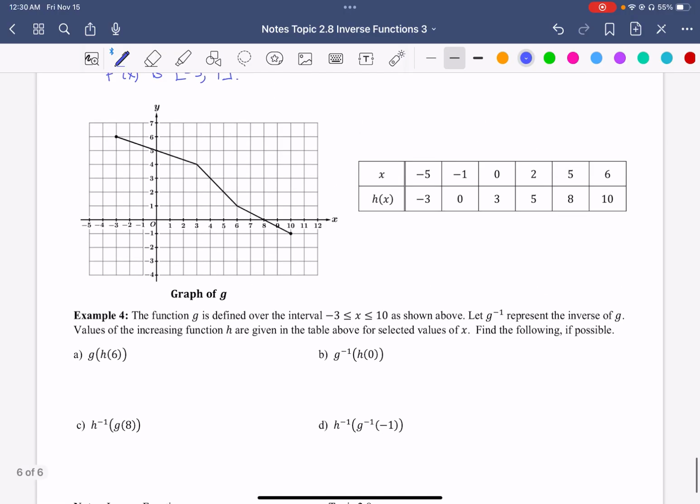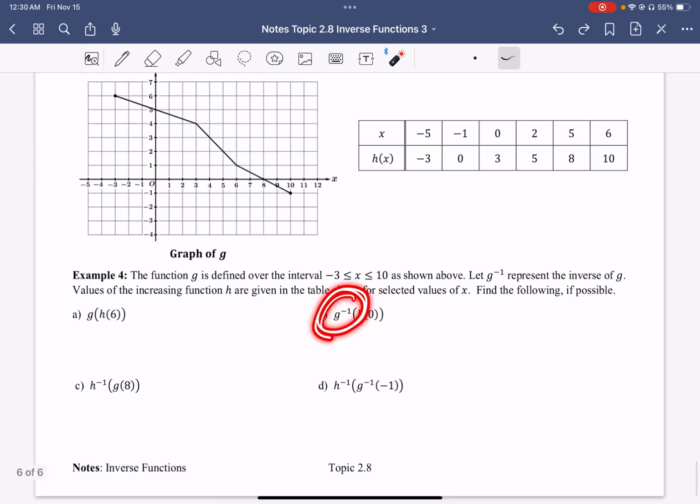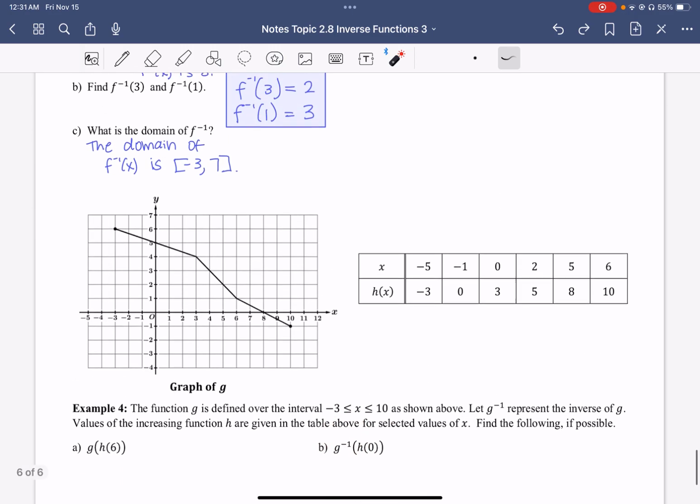Okay, so this one, notice that there's two different things going on because we have the graph of g and the table for h. So we're going to have to find the inverse for both. Because I can already see at first glance we have the inverse of g here, the inverse of h, so we are going to have to do that.